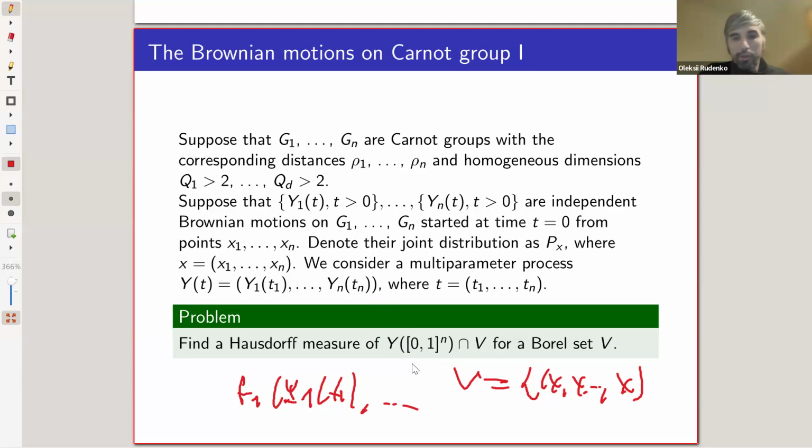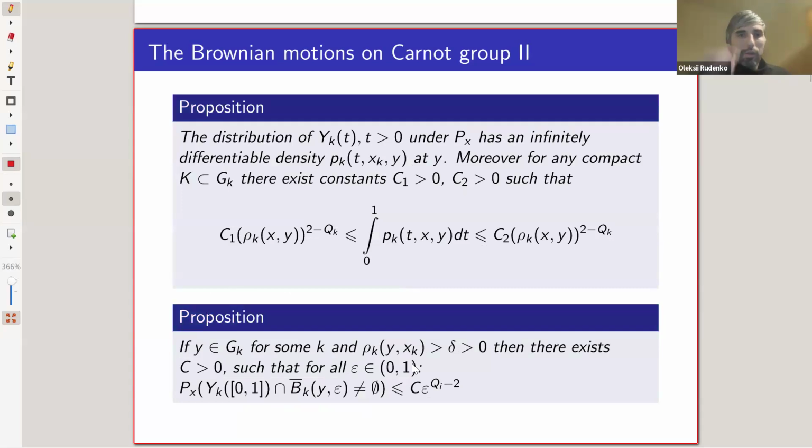history of this question. And so now I want to explain a little bit more about this process, why I am taking such a process, and what I need from the processes Y_k.